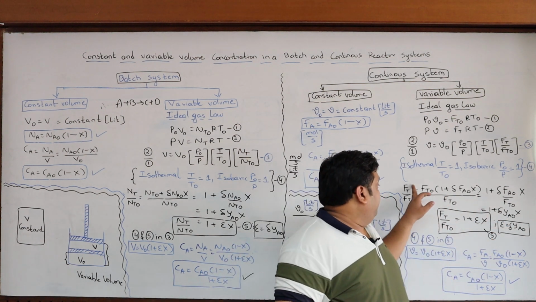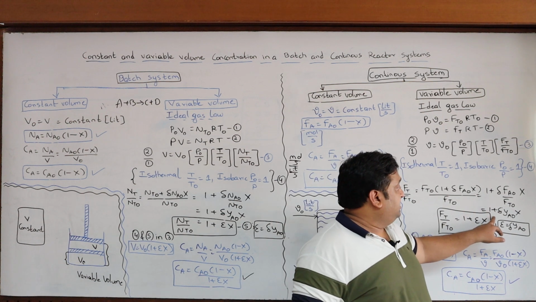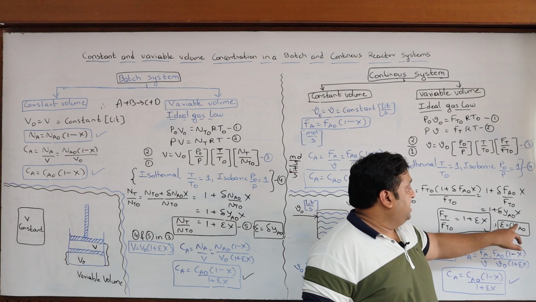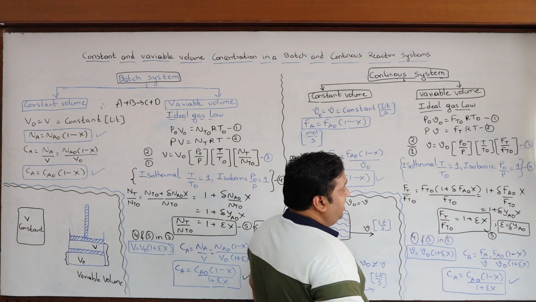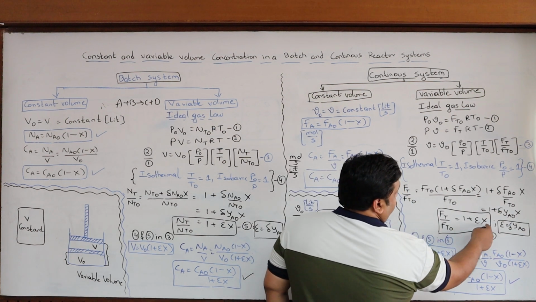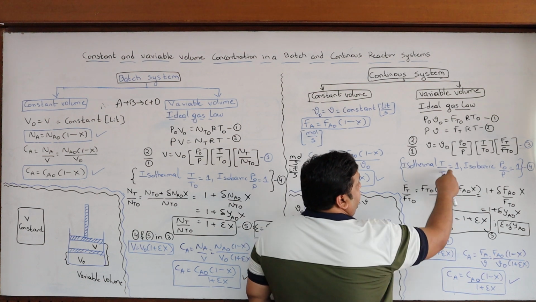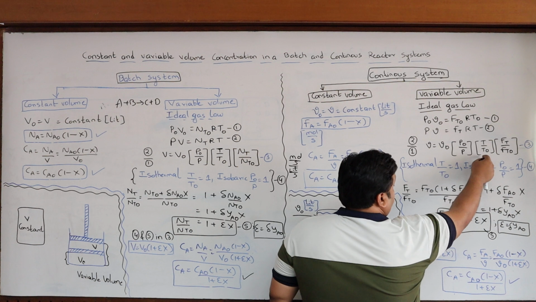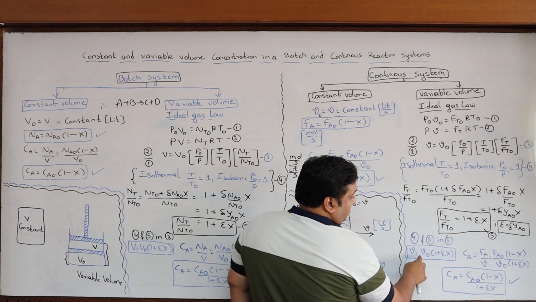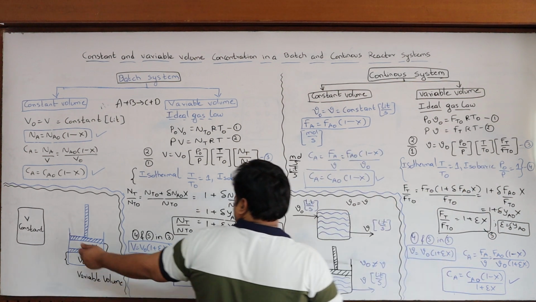So Ft by Ft0 is 1 plus delta into YA0 into x, where epsilon equals delta into YA0. Then Ft by Ft0 is equal to 1 plus epsilon x. Now you know T by T0, P0 by P, and Ft by Ft0; substitute in this equation. Finally you get V equal to V0 into 1 plus epsilon x.